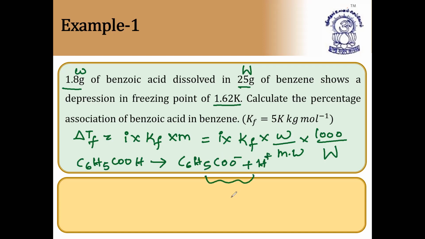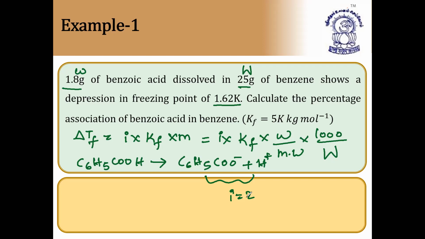So 1 plus 1, that is i is equal to 2. If they ask the percentage of dissociation, then we have to take it differently. But here they are asking for the i value, and they have given all the values. First you will find the i value, then we will find the percentage of dissociation. How to get the percentage of dissociation, I will also tell you. First we will find the i value.